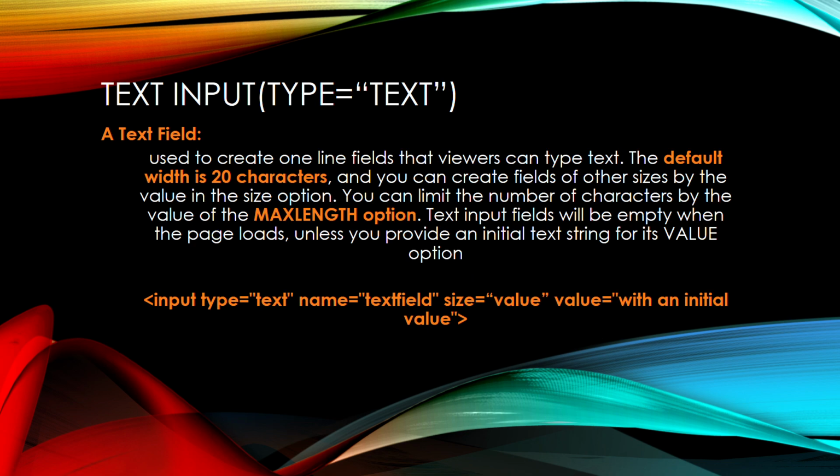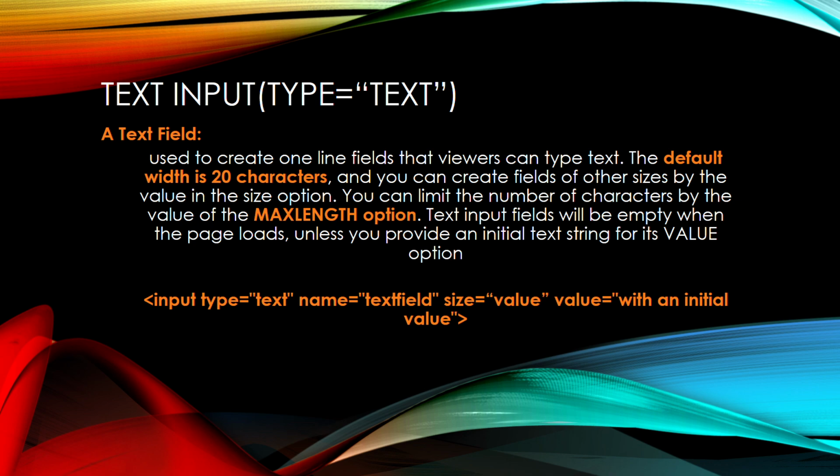Text: input type equals text. A text field is used to create one-line fields that viewers can type text into. The default width is 20 characters and you can create fields of other sizes by setting the value in the size option. You can limit the number of characters by setting the maximum length option.